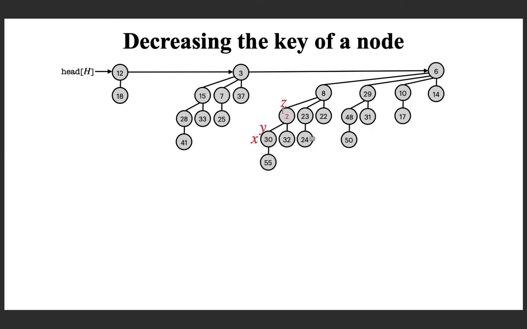Now you have to repeat until either you get to the root or you get into a situation where the value of the root is less than or equal to the value of the current node. So you need to proceed up, or climb up, in the tree. So z goes to its parent, y comes to that z node, and again you compare. Now the value is not satisfying the required order.